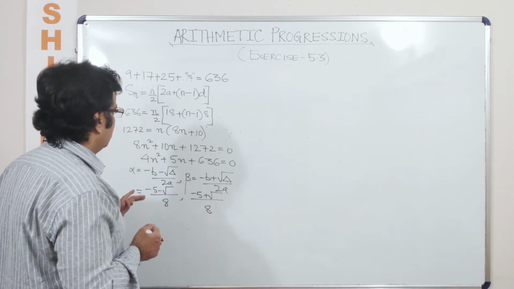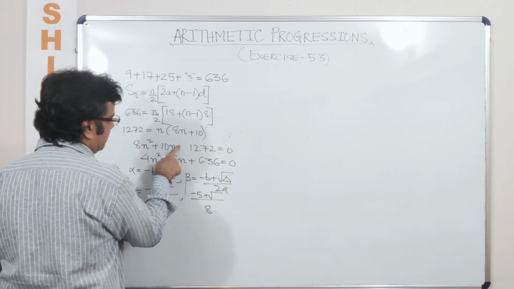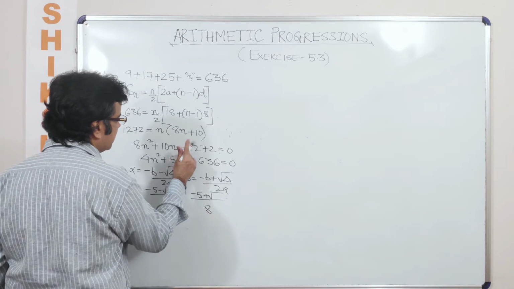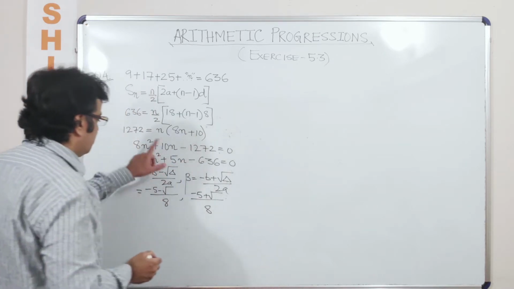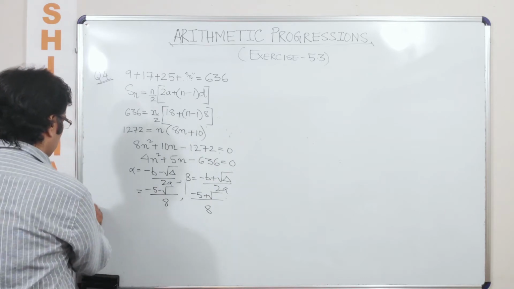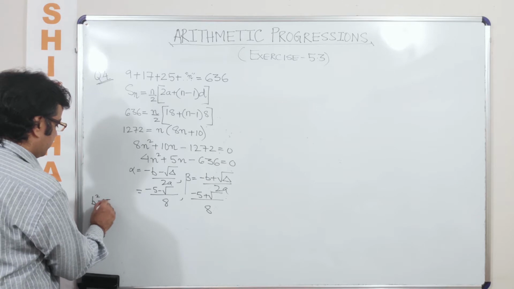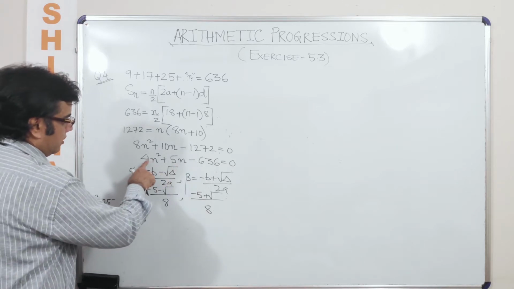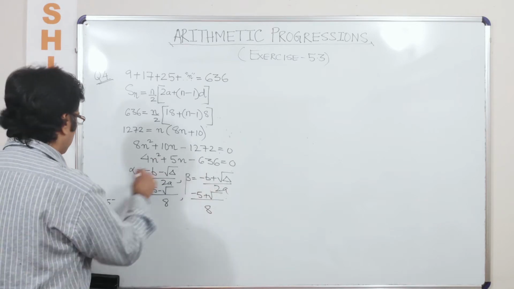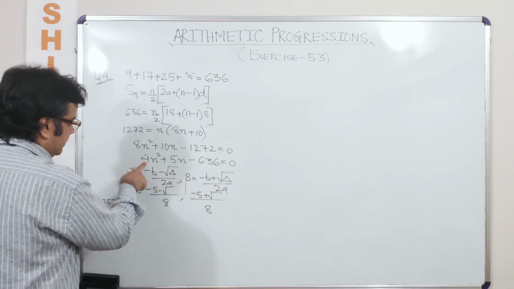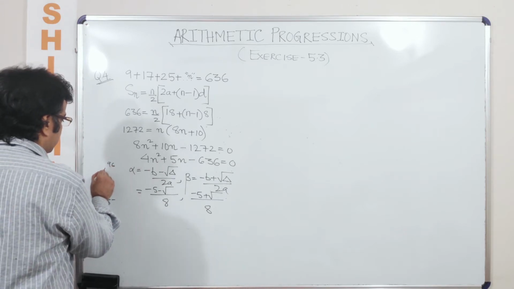So when we do this, we realize that instead of this being a plus 1272, this is minus 1272. So b square is equal to 25, and then you multiply 4 along with 636 again into 4. So ultimately we say this is 16 into 636. How much is 16 into 636?